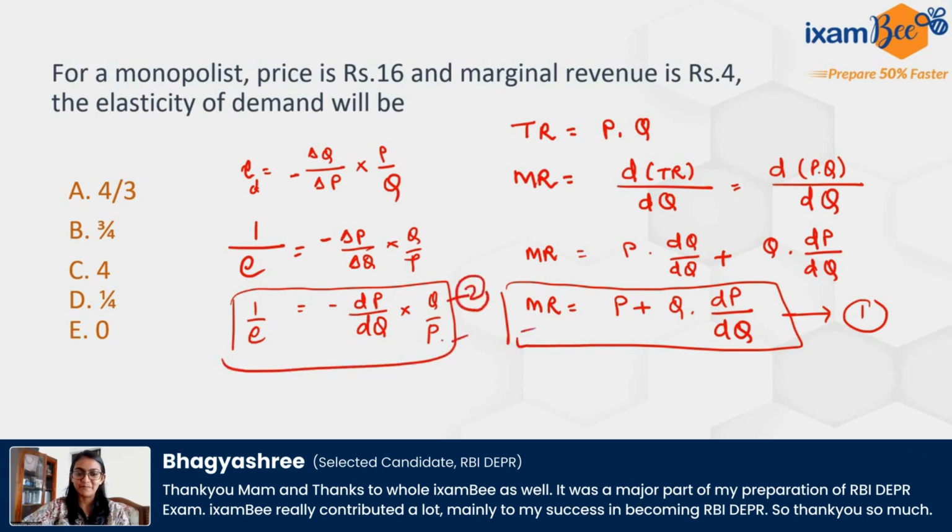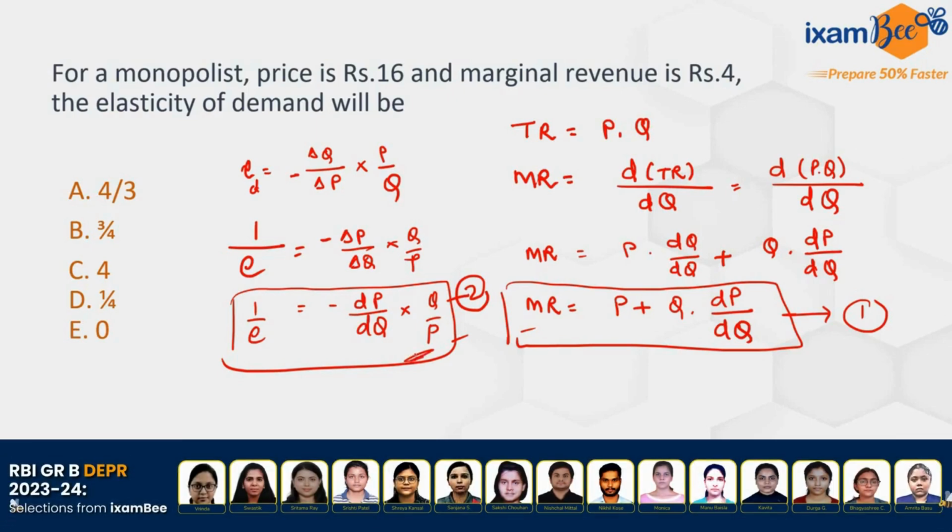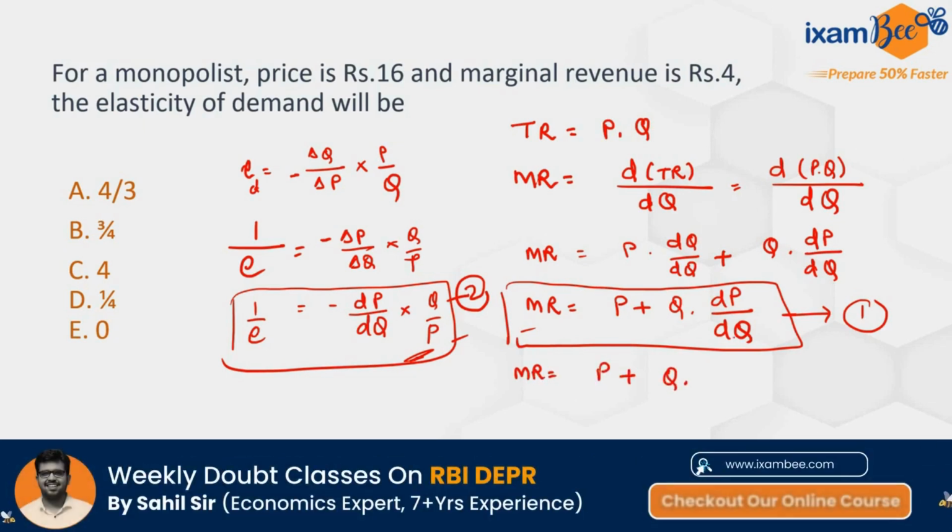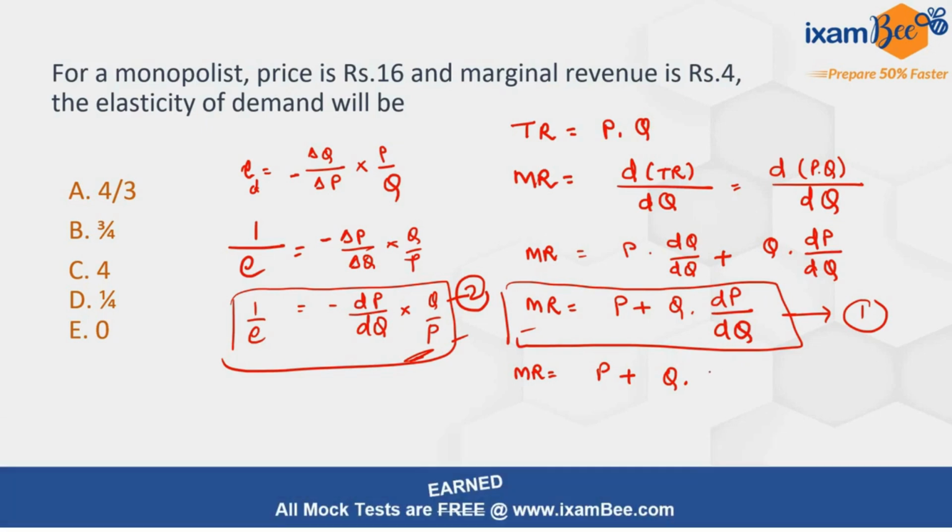Now use these two equations, use this relationship to substitute in the first equation. So marginal revenue now becomes price plus q times dp by dq. In place of dp by dq, what can I write here? I can write this as minus 1 by e times p by q.